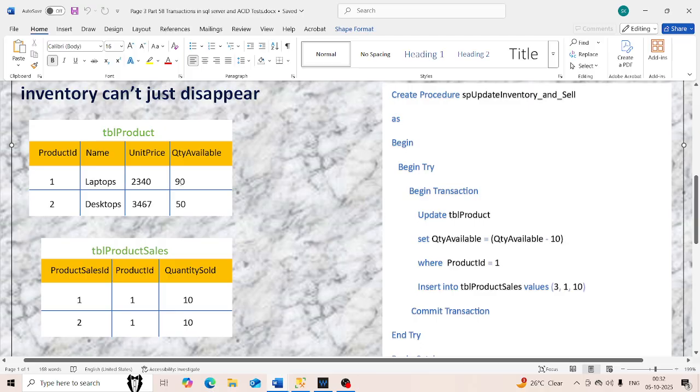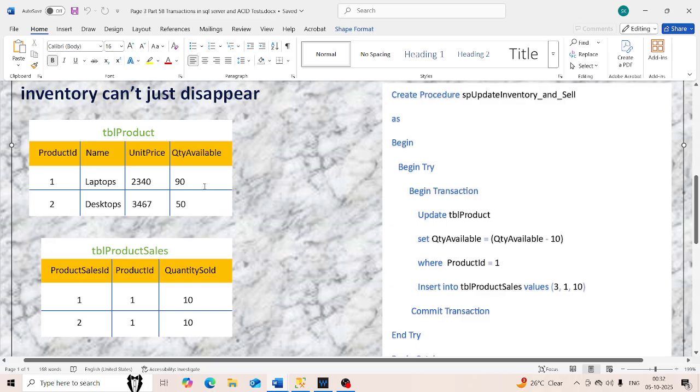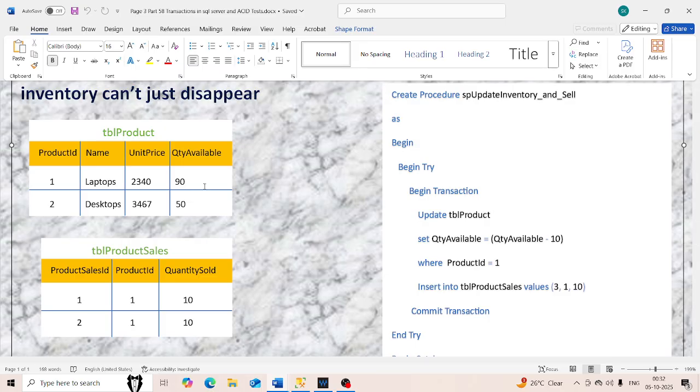And then from that quantity available, I will have to deduct the 10 laptops that I am selling. So we have to update this quantity available to 90 minus 10, 80.